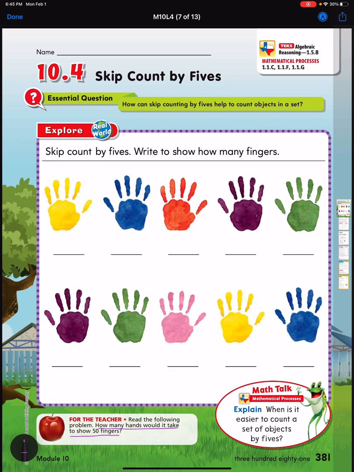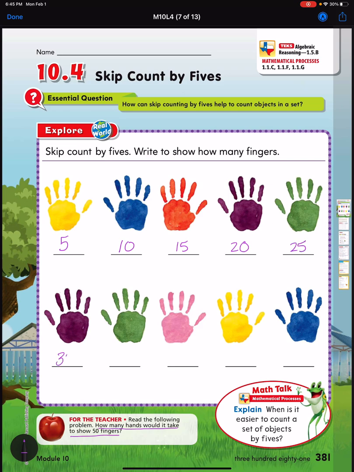It would be 5. So I could say 5 and then another 5, 10. I know that 2 hands is 10 fingers. And then another 5, 15. So 5, 10, 15. Another 5 would be 20. Another 5 would be 25.